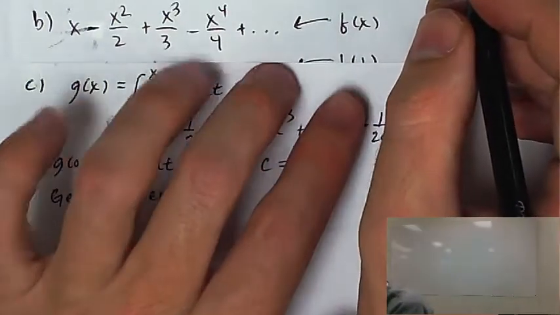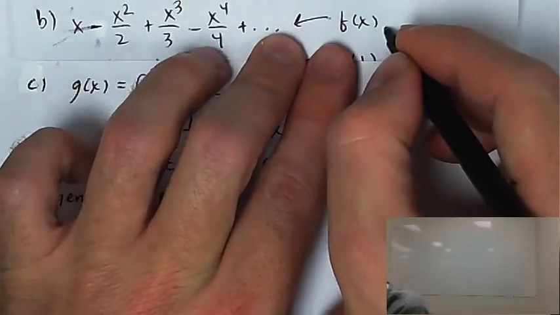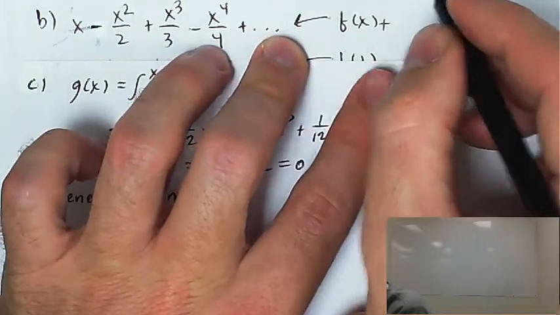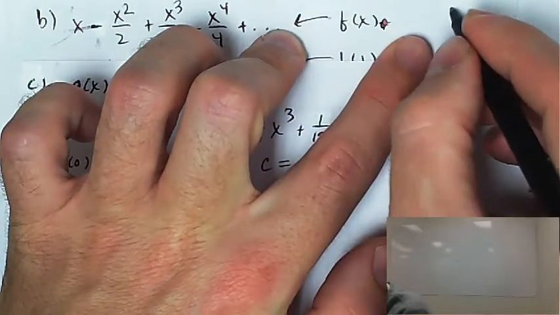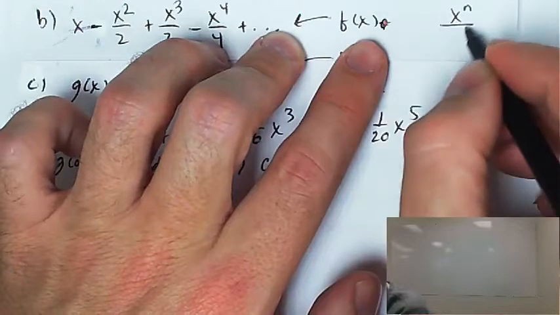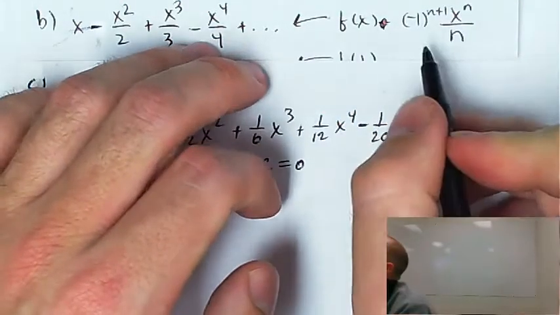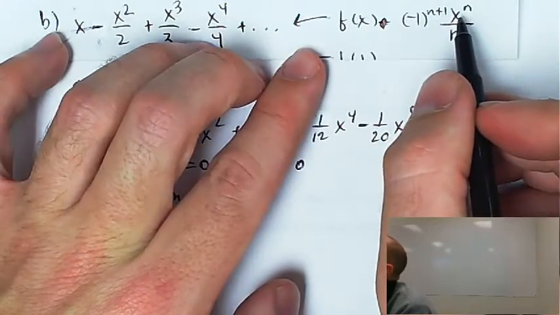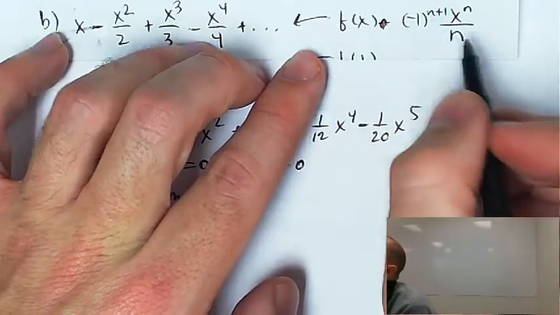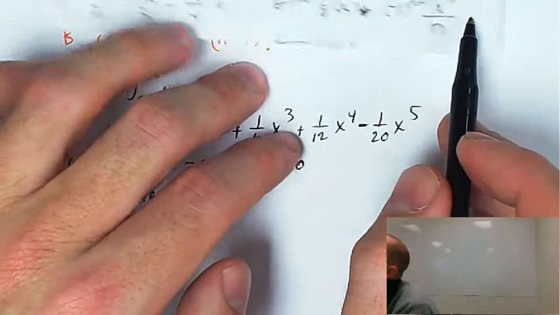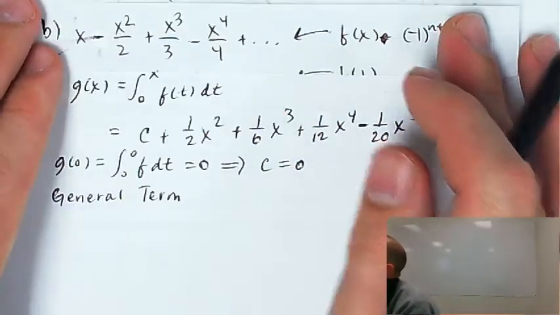The general term above was x to the n over n with a -1 to the n plus 1. And I can anti-differentiate that because the only thing that has x in it is this. These are just numbers. So I'm going to increase the power by 1 and divide by the new power.